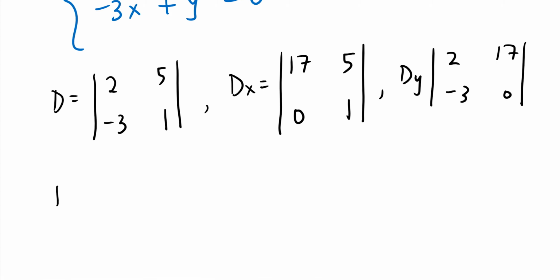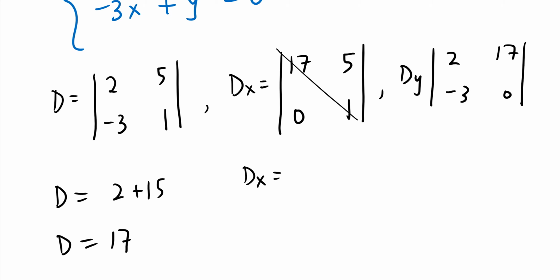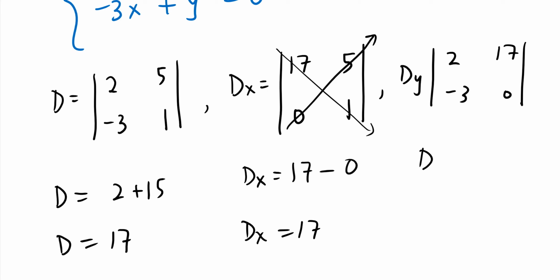So then D equals 2 plus 15, so D equals 17. From here, Dx is 17 times 1 minus 0, so Dx is 17. Dy is 0 plus 3 times 17, so it's minus minus, plus 51, so Dy is 51.